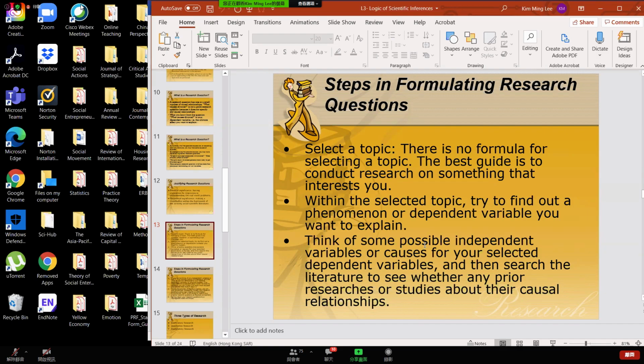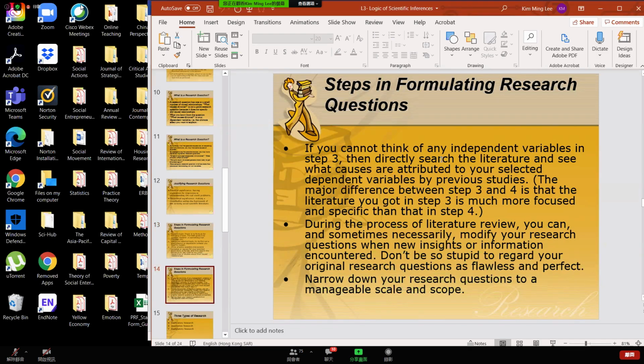Or sometimes you can find out some intermediate variable as well. Okay, so in this case, you then go to another step. If you cannot think of any independent variable, directly search the literature to see what causes are attributed to your selected dependent variable. Okay.